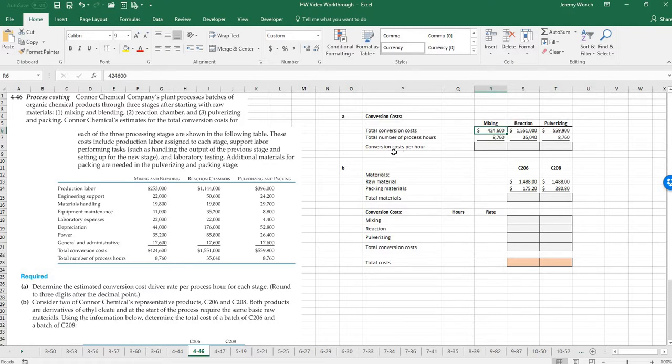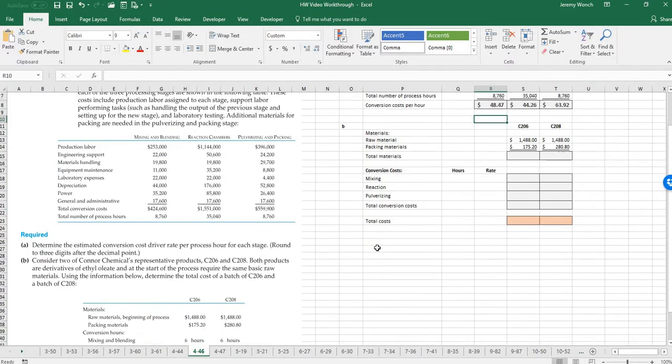We're going to come up with a conversion cost per hour for each one of these stages. So we just take our total cost and divide it by the hours. We can just drag that across. Part A is nice and simple, so now we have our conversion cost per hour for each one of these stages.